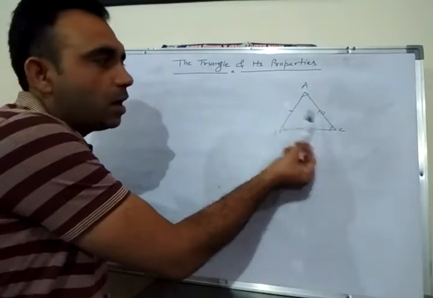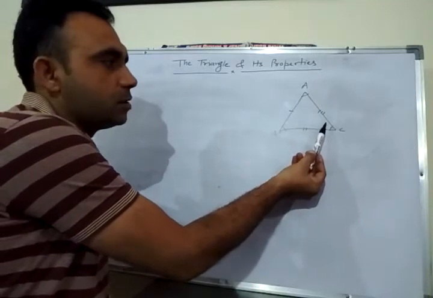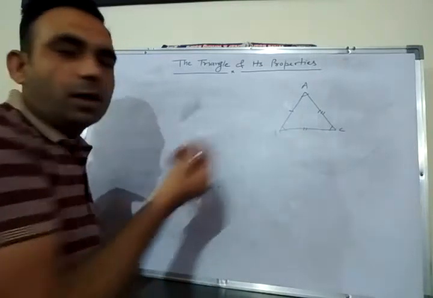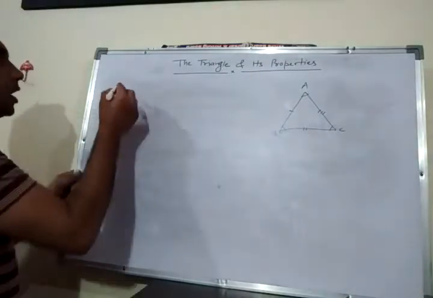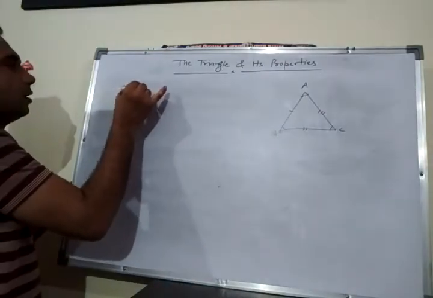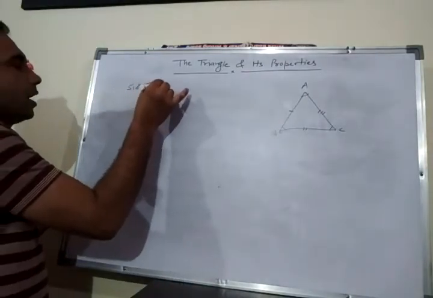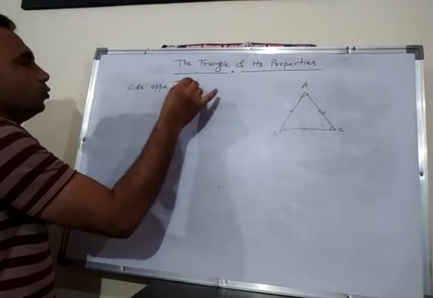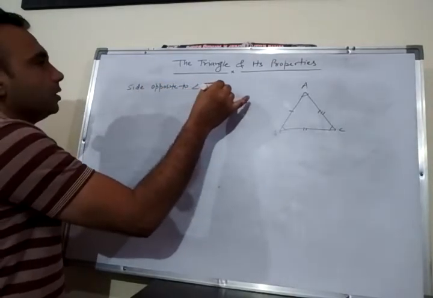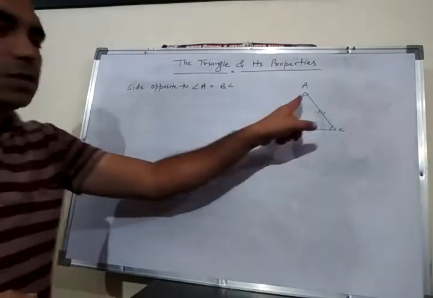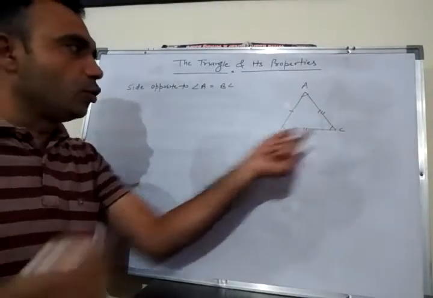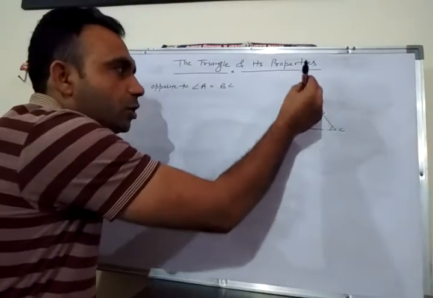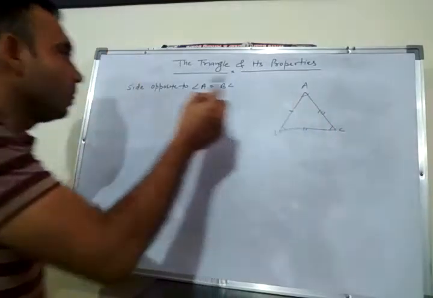Similarly, AB is the side opposite to angle C, and C is the opposite angle of side AB. So the side opposite to angle A is BC.